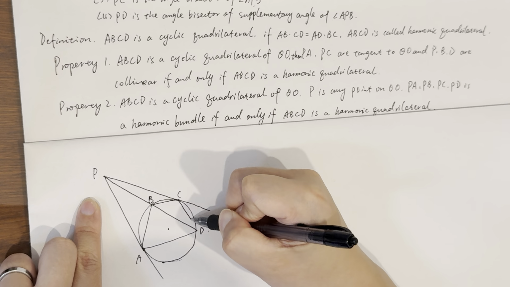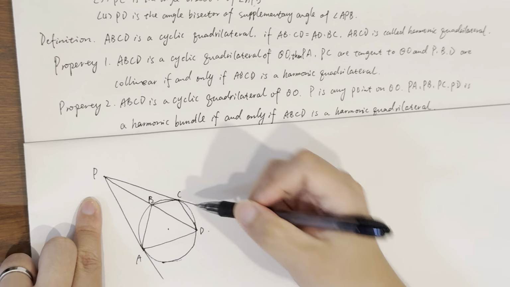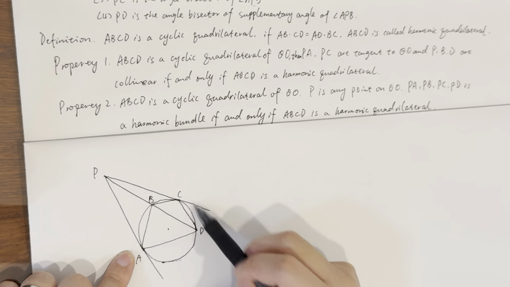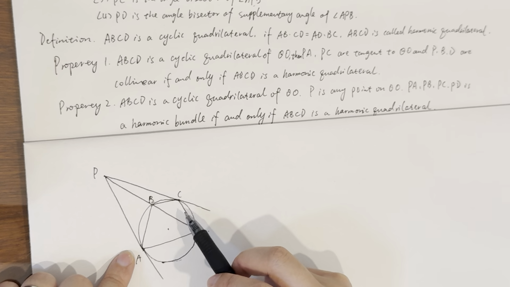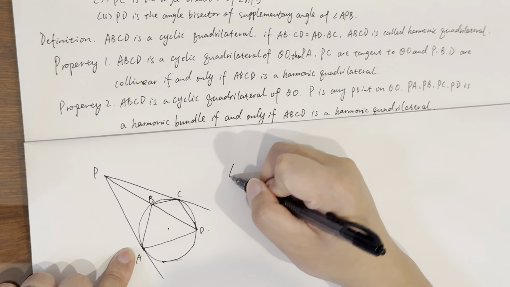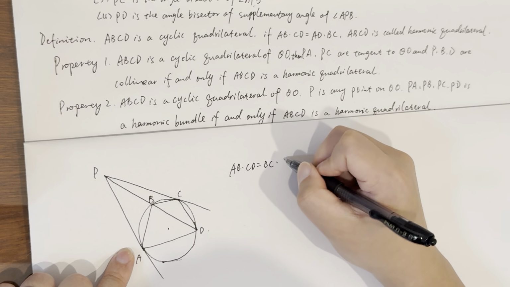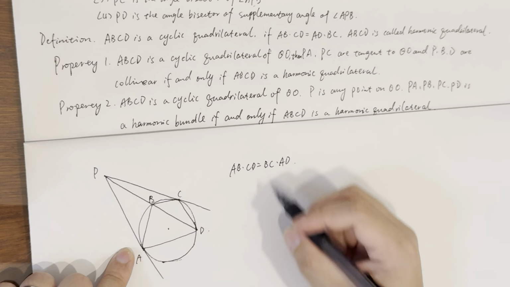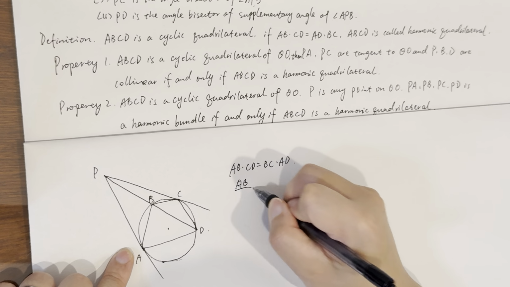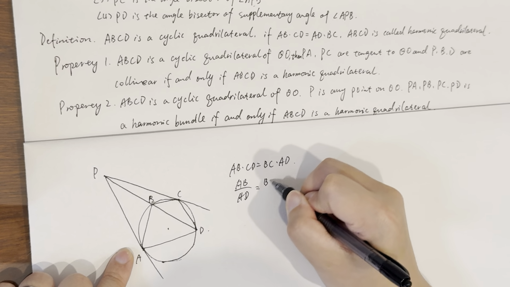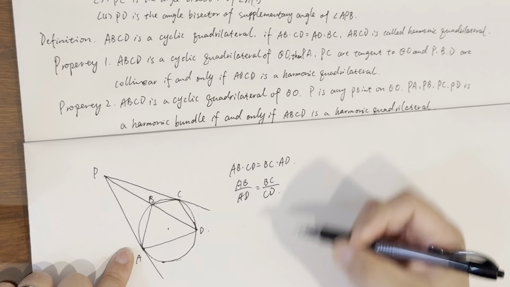Now we see that P, B, D are collinear, right? If P, B, D are collinear, then quadrilateral ABCD is a harmonic quadrilateral. So that means we want to prove AB times CD equals BC times AD. Basically, we want to prove that AB to AD equals BC to CD, right?